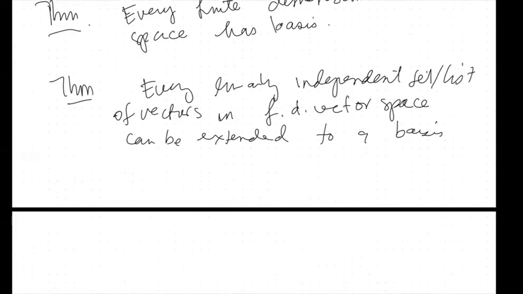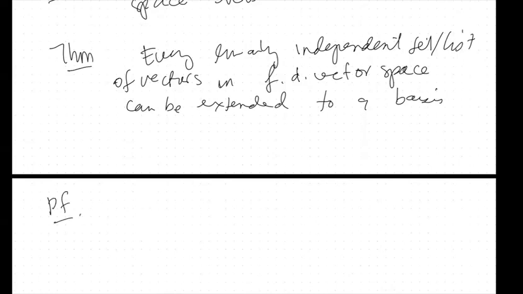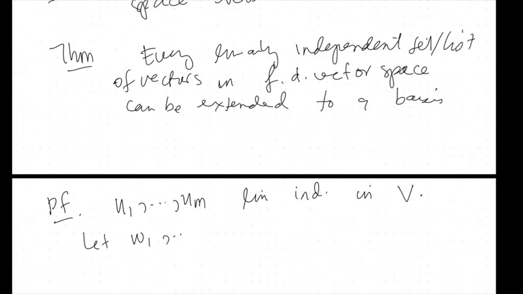So let us quickly write the outline of the proof. Suppose that U1 up to UM is linearly independent in the vector space V. Let W1 to Wn be a basis.